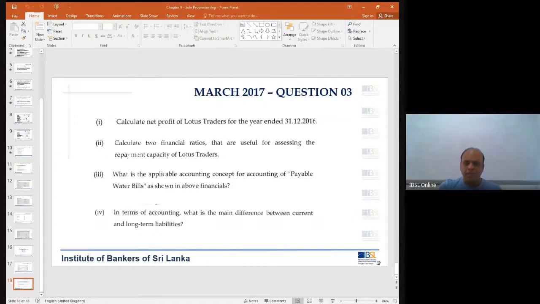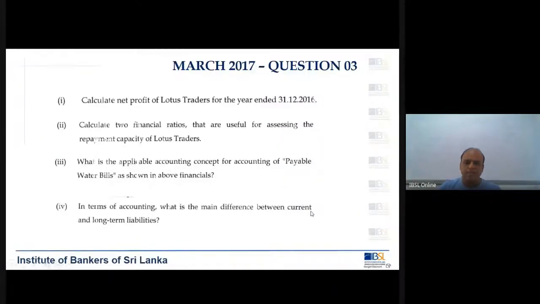So because of that, it has come. What it means is they have accounted for the water bill, water consumption expenses, on the accrual principle.